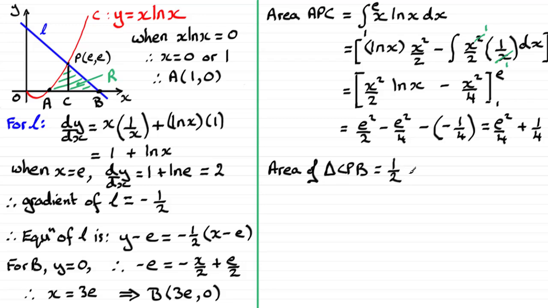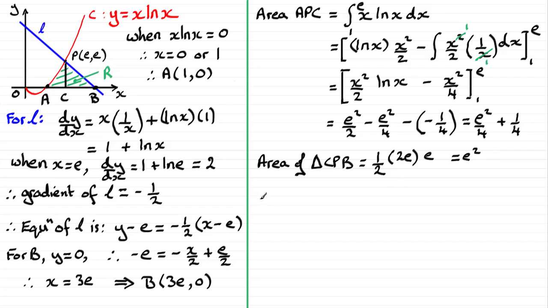Half the base will be the distance from C to B. We know B has an x-coordinate of 3e from down here, and we know the x-coordinate of C is e, so it's 3e minus e, which is going to be 2e. And we've got to multiply it by the height, and the height is this height PC here, which is the y-coordinate of P, e. Right, and then we can just simplify this. The 2's cancel, so we're just left with e squared.